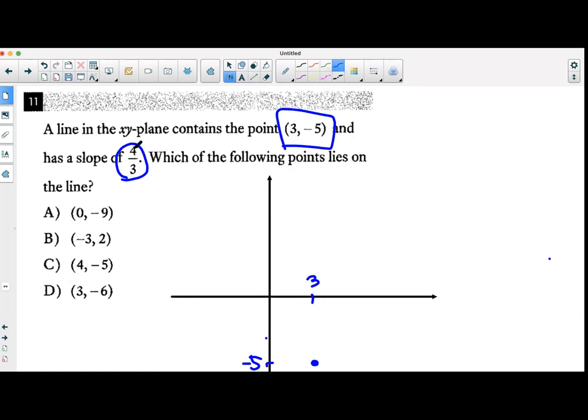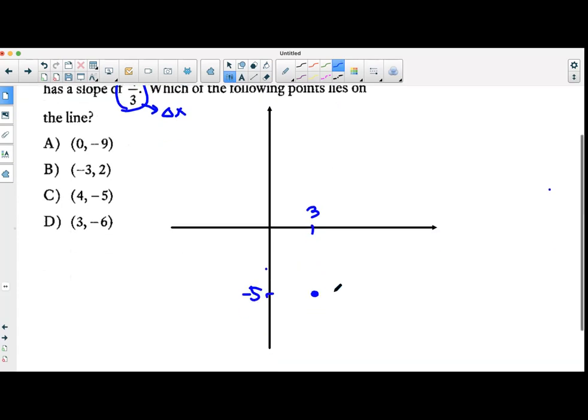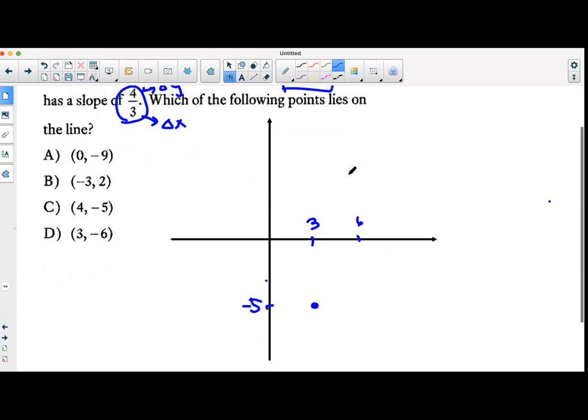But my slope is 4 over 3, so that's the change of x at the bottom, and the top is the change of y, as you know, right? So if I move to the right by 3 units, which is 6, I have to go up by 4 units, so it's going to be right up here. It will be 6 comma -1. Do I have that? No, I don't. But if I go backwards by 3 units, then I need to go down.